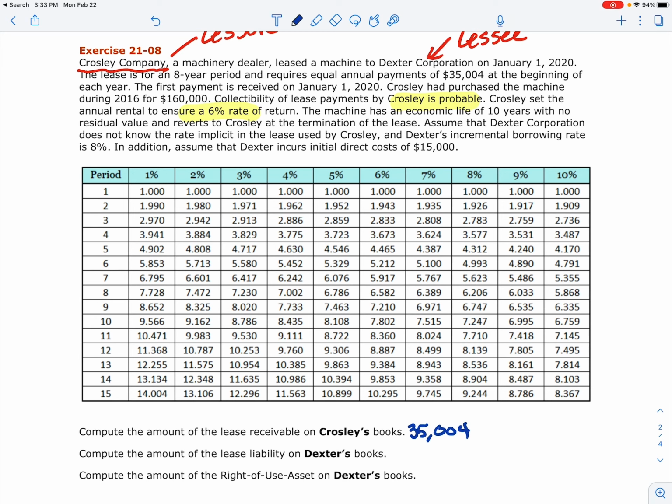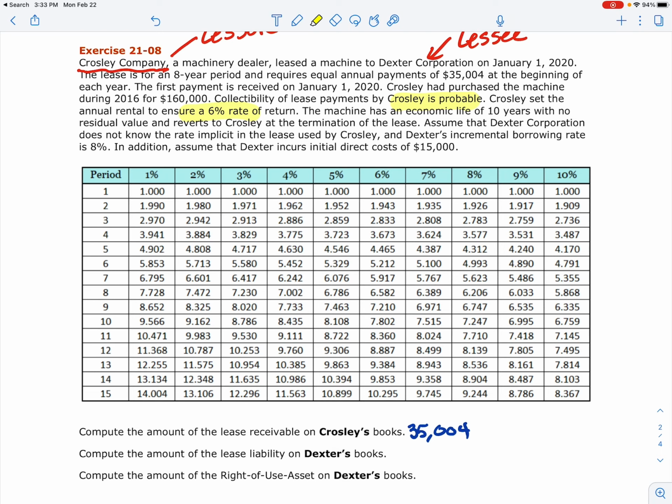The numbers are a little longer. So make sure you use all the numbers that your homework shows. Otherwise, you're going to be off a little bit for rounding issues. So as we go through, we're going to find that rate that we need to multiply this annual payment by in order to find out what our lease receivable should be recorded at.